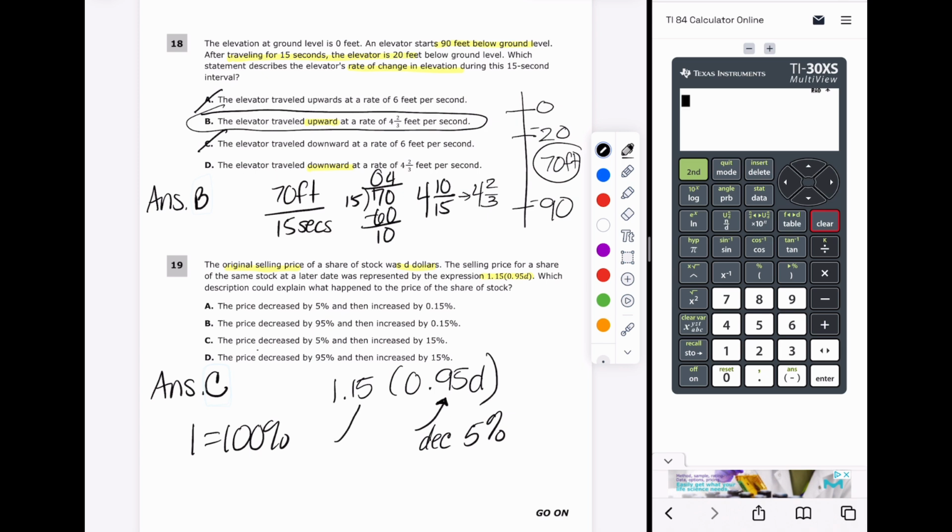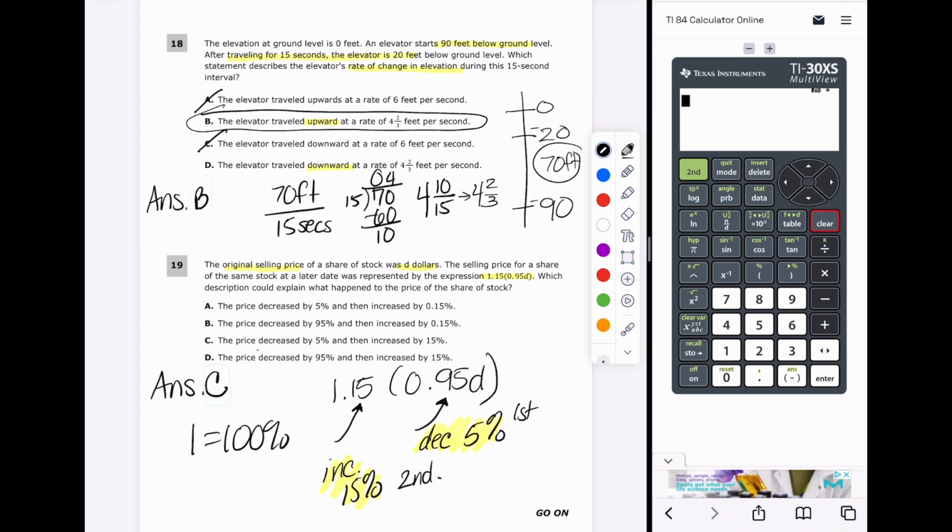And then what happens here, again, 100% is 1. This is 115%. So I know that it increased 15%. So how do I know which one happened first? Because what happens first is in the parentheses. So first this happens, decrease 5%, and then this happens, increase. Okay, so this is the first thing that happens. Here's the second thing that happens.